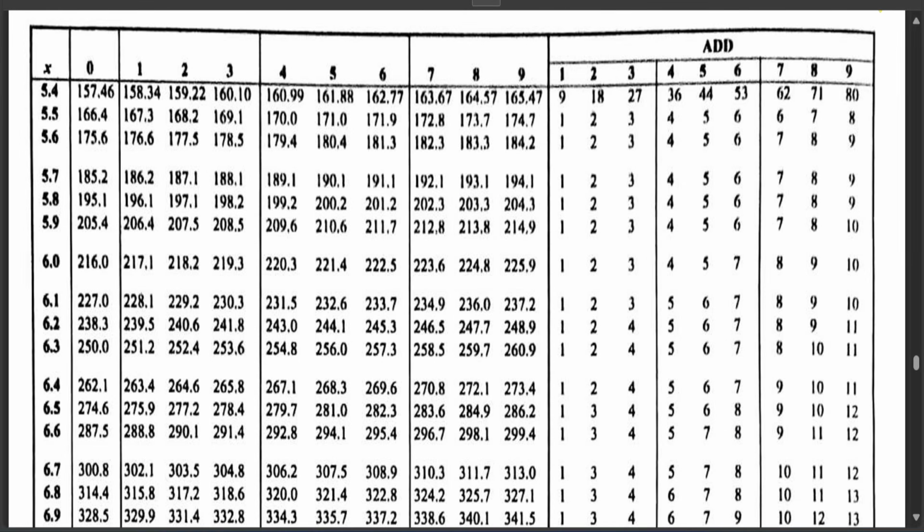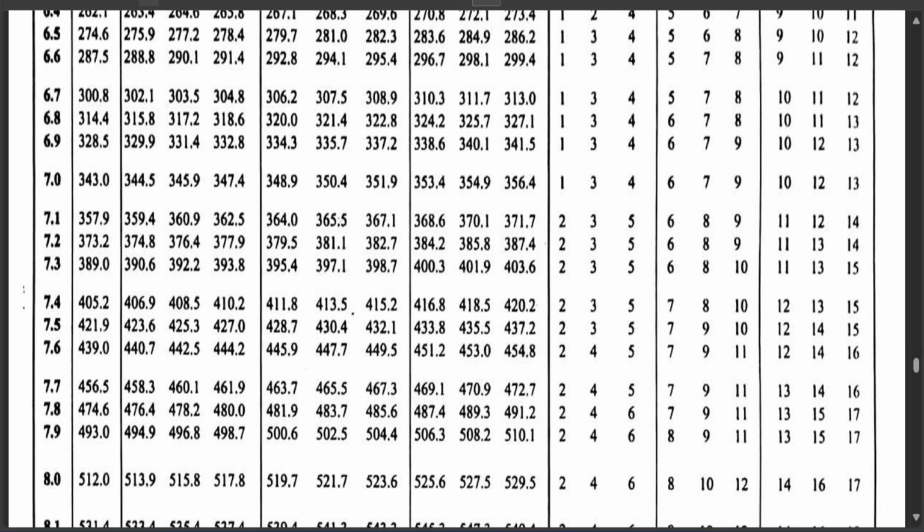Ukipata 7.6 ni hapa, ni hii hapa. 7.6 ni hii. 24 hii ni 7.60, 61, 622. Then waenda kwa hapa ni 1, 2, 3, 4. So ni 442.5. Uta add 7 to it ikupe 442.7. 7.624 hata ukitumia calculator kuconfirm.